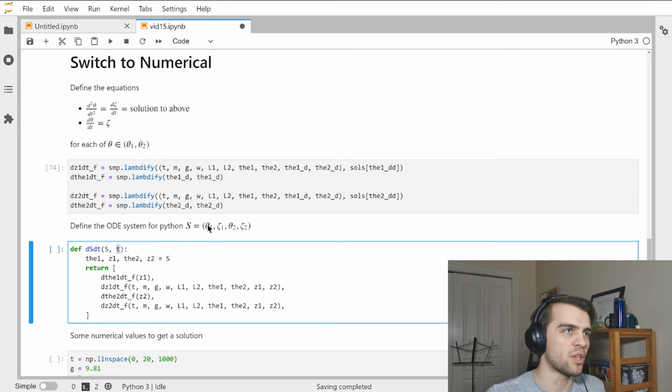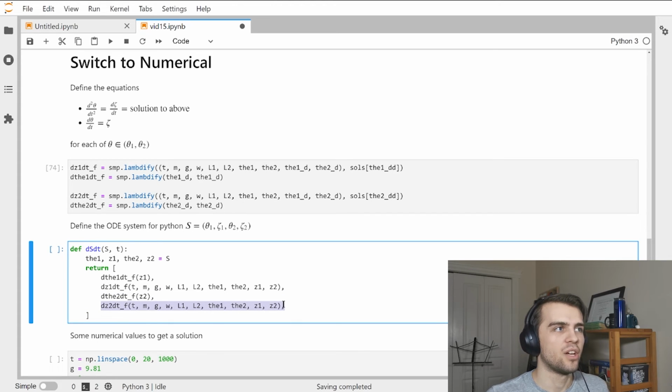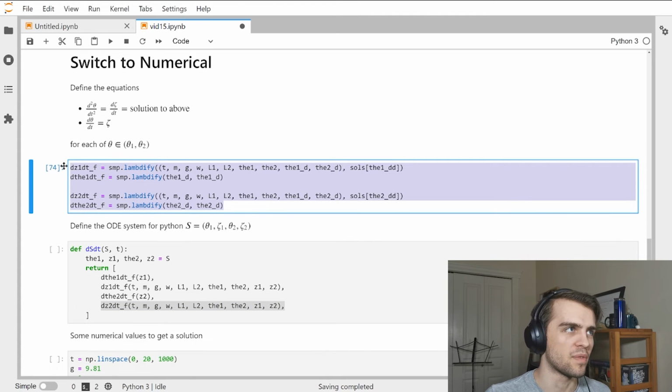So it needs to return d theta 1 dt, d zeta 1 dt, d theta 2 dt, d zeta 2 dt. So first of all, it extracts the variables from the vector, like this. And then it returns d theta 1 dt, d zeta 1 dt, and I plug in all the variables here, d theta 2 dt, and d zeta 2 dt. So it takes an S and it returns ds dt, and it uses these numerical functions we've defined above.